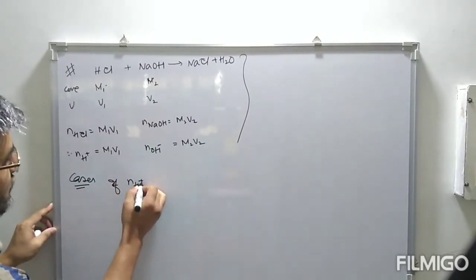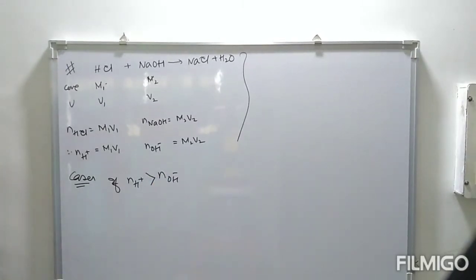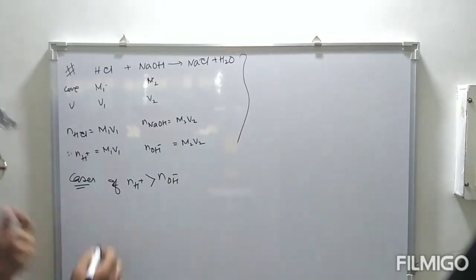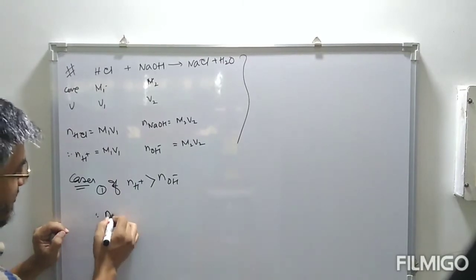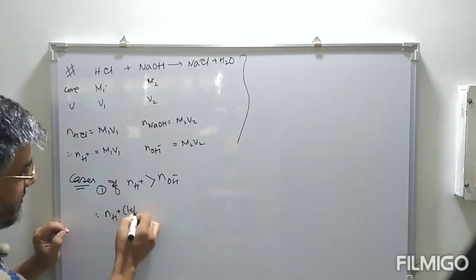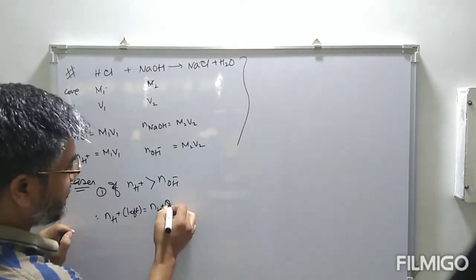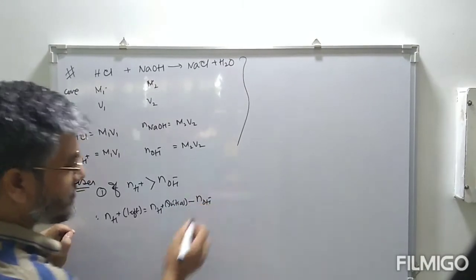If the number of moles of acid is greater than the number of moles of base, the quantity of acid is greater than the quantity of base. Therefore, the number of moles of H plus ion left will be the number of moles of H plus ion initial minus the number of moles of OH minus ion.